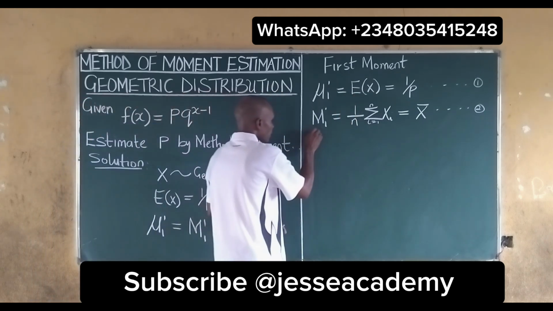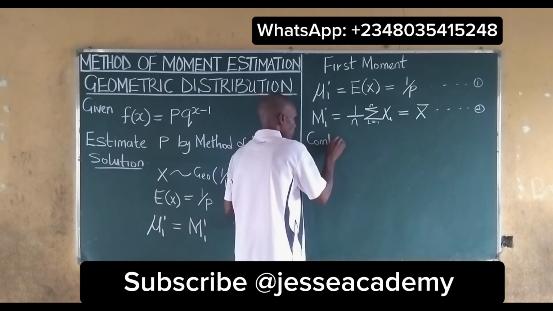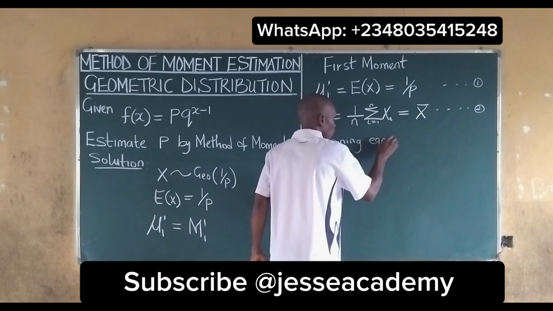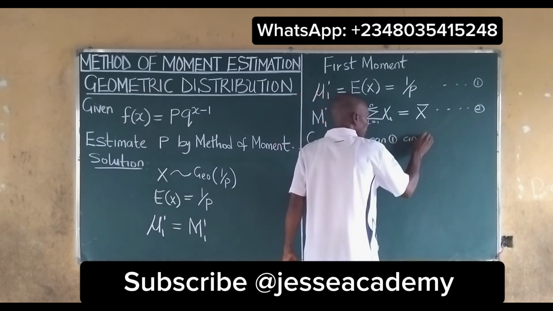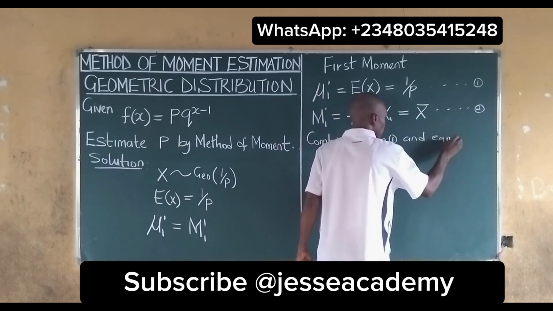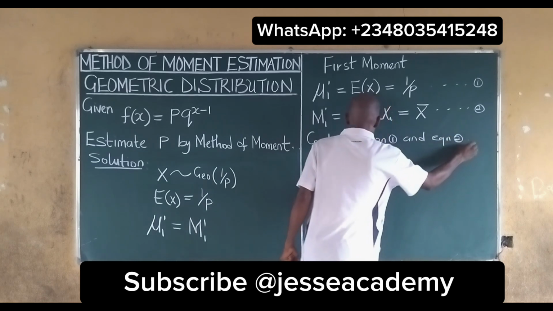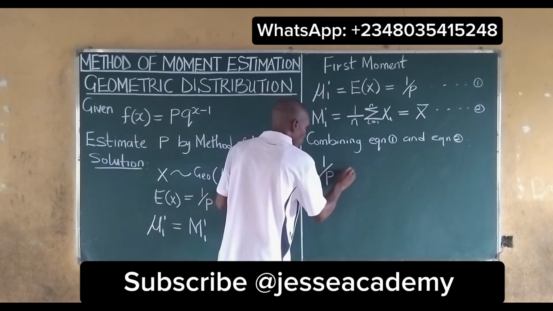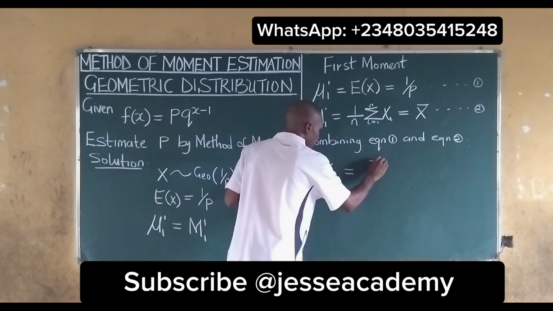So we write, combining equation 1 and equation 2, we get 1 over p equal to x bar.